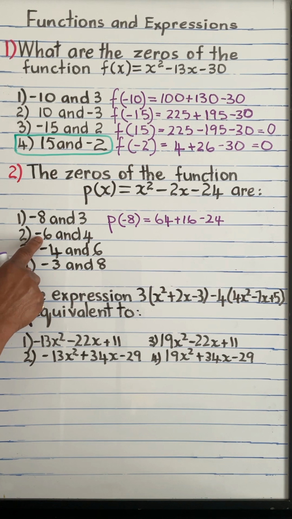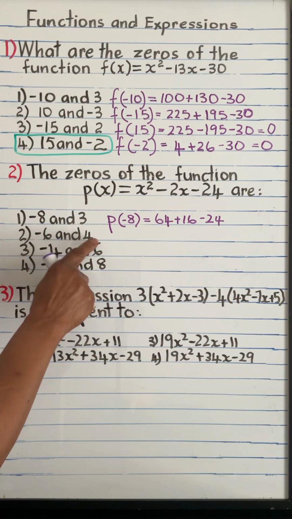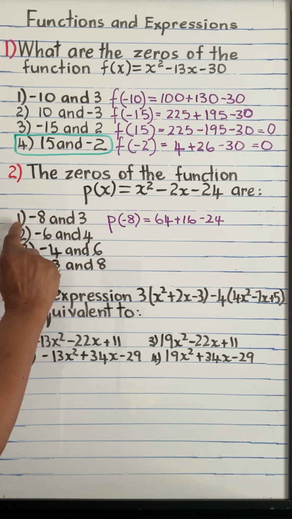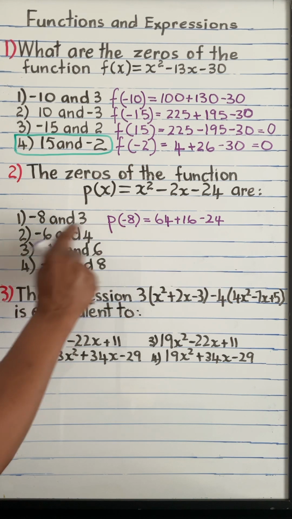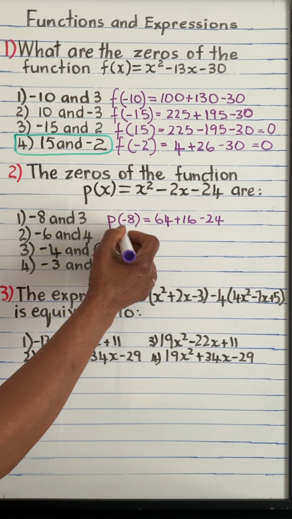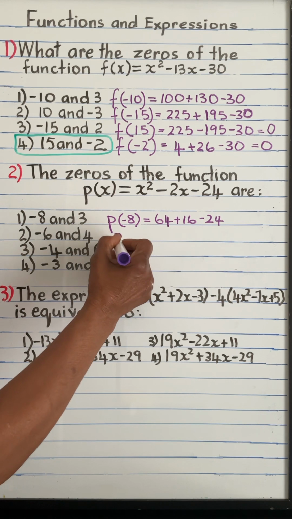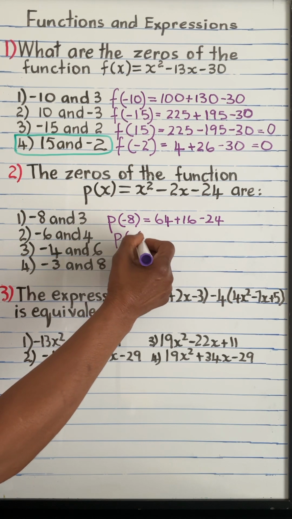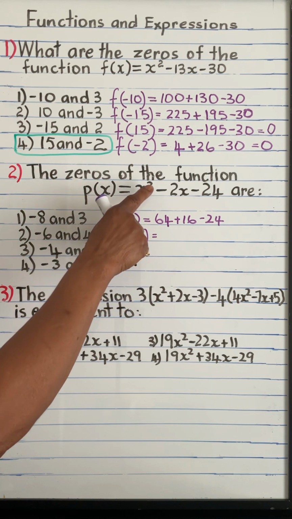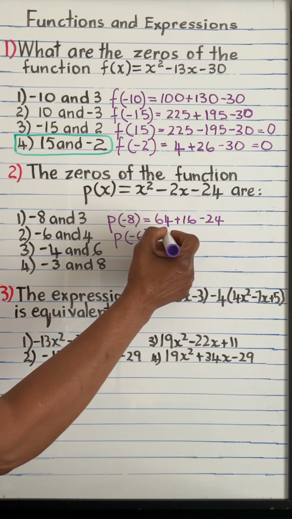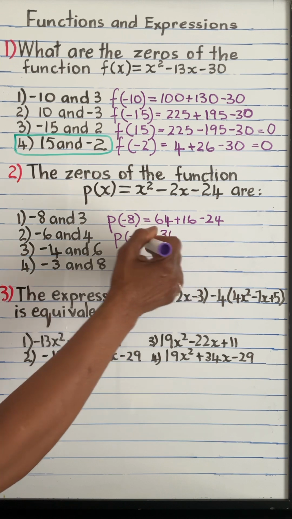Let's try negative 6 to see if these are the zero values. Let's see if this negative 6 and 4 will be. So let's start with negative 6. p(-6): negative 6 squared, 36.